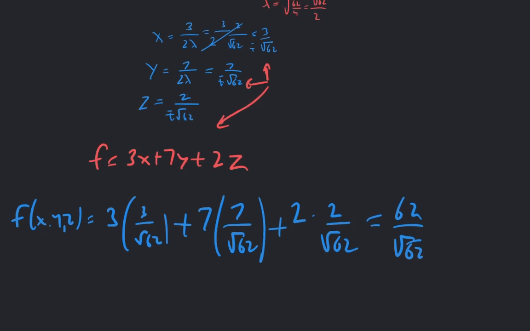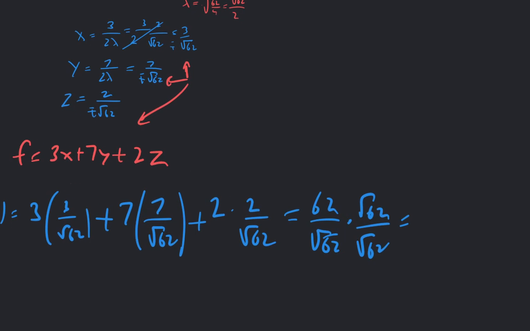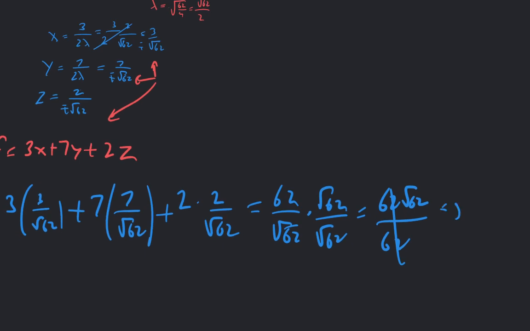Which, when you rationalize the denominator, you take away that radical, you get 62 root 62 over 62, or just root 62.